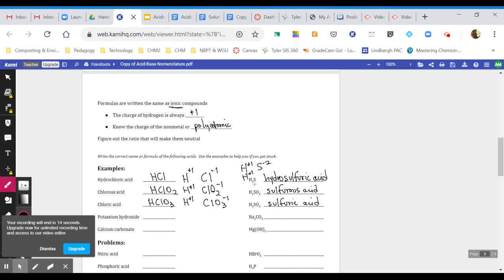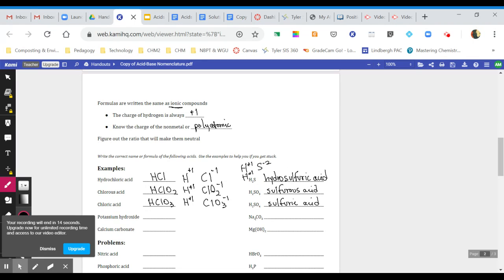H2S is kind of like H2O. It's not very far off. So if you've spilled hydrosulfuric acid, I'm going to say, use a paper towel, maybe wash your hands when you're done, but you're fine, you're safe. So that's why it's important to know how to name these acids because they are very different.